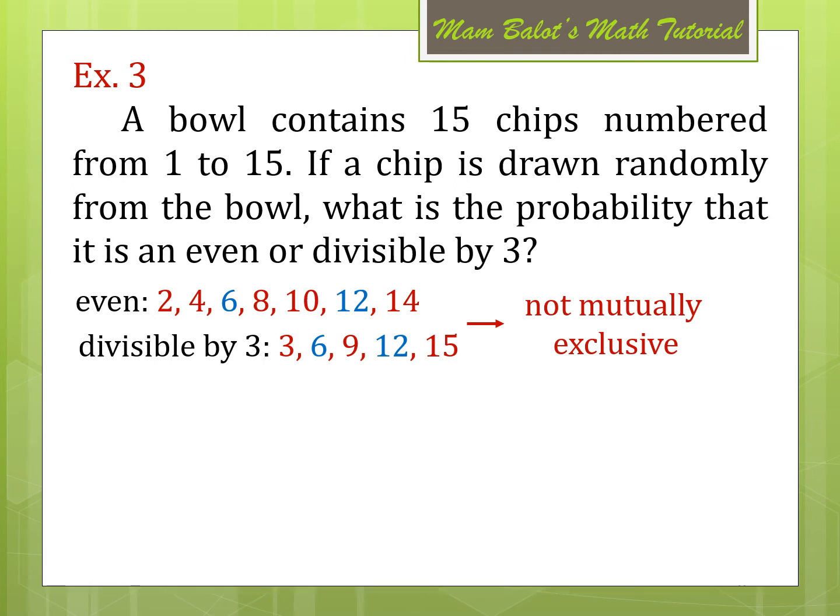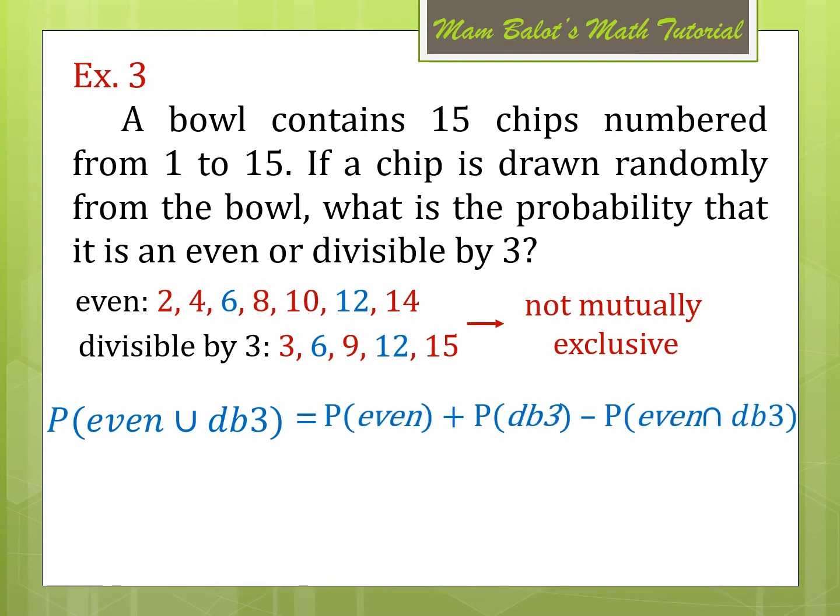To compute the probability of even union divisible by 3, we have the probability of even numbers plus the probability of the numbers divisible by 3 minus the probability of their intersection.